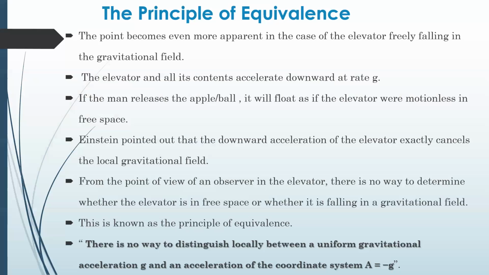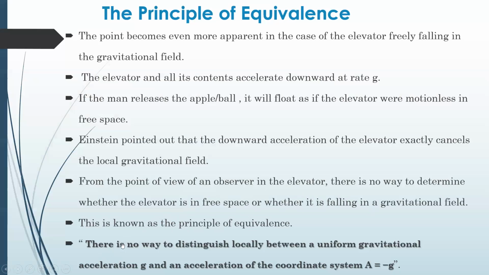Now the same thing: from the point of view of an observer in the elevator, there is no way to determine whether the elevator is in free space or whether it is falling in a gravitational field. So this is the key of the principle of equivalence.